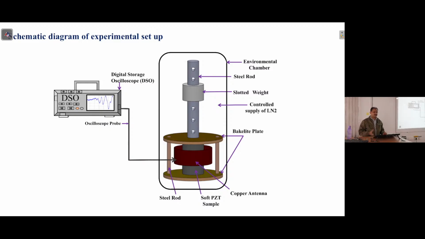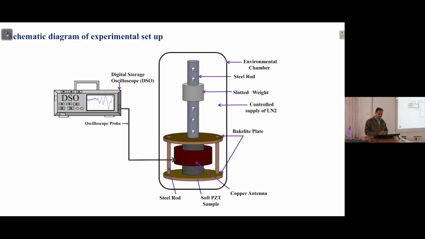Next, we also experimented with low temperatures. This is again the setup which I had explained the first time. For this case, it was kept inside the environmental chamber, and now we reduce the temperature for this set of experiments.